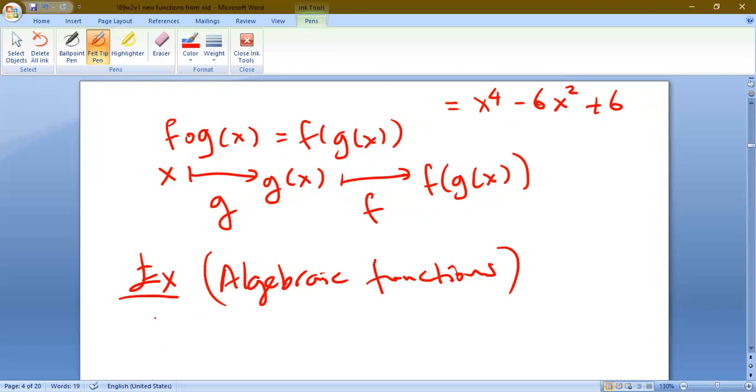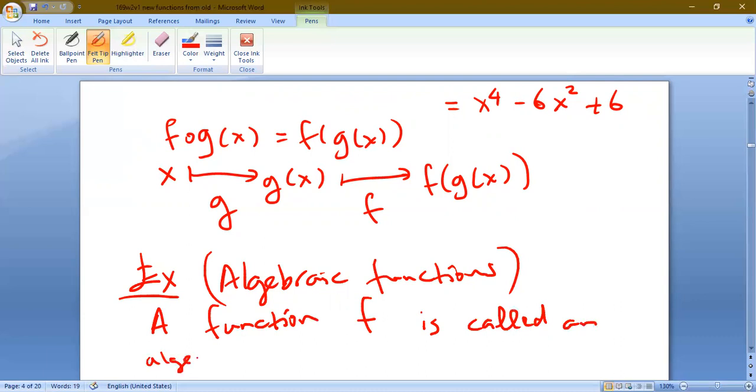If we obtain a function f using algebraic operations, then it's called an algebraic function.